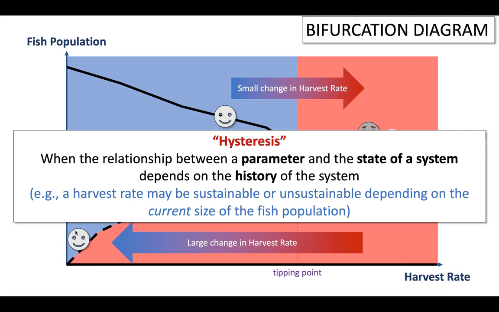If somebody asks you, is it sustainable to harvest this fishery at 300 fish per year, you can't tell them if it's sustainable or not without them then telling you exactly how many fish are currently in the fishery. So I can't give you a rule that says it's always okay to harvest at 300 fish per year.